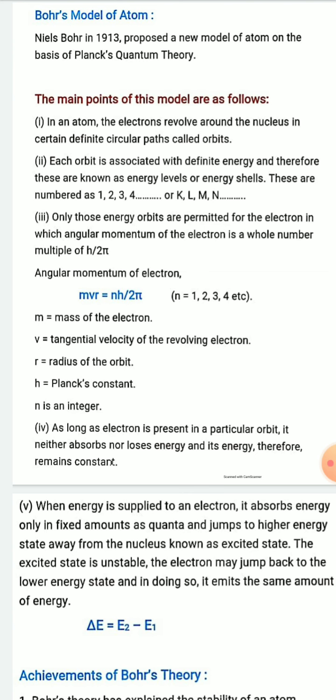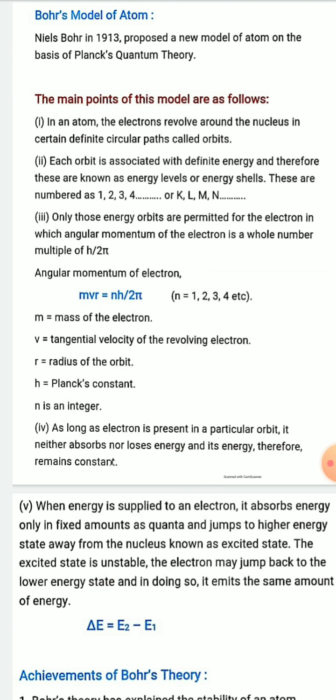Okay. And the next point of Bohr's atomic theory: only those energy orbits are permitted for the electrons in which the angular momentum of the electron is a whole number multiple of h by 2 pi, where h is the Planck constant.